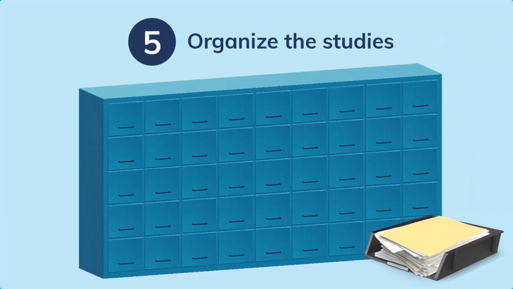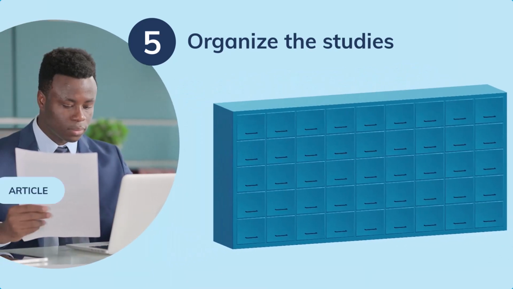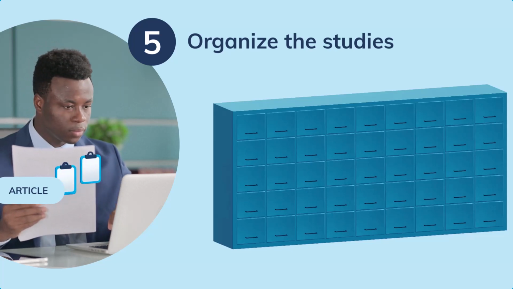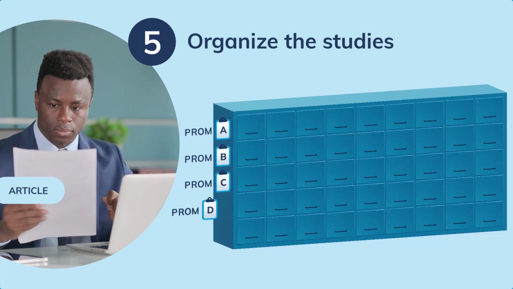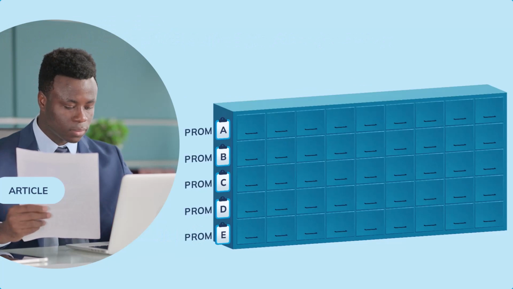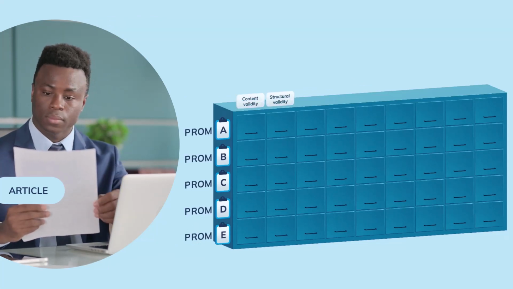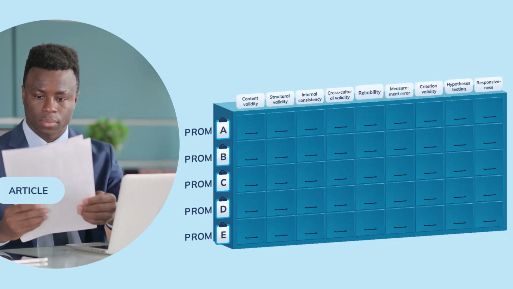In step 5, you organize the studies from your articles by PROM and measurement property in our filing cabinet. You read the articles for the first time. From the articles, you identify the PROMs. For each PROM, you want to evaluate all 9 measurement properties, starting with content validity, structural validity, internal consistency, and so on.